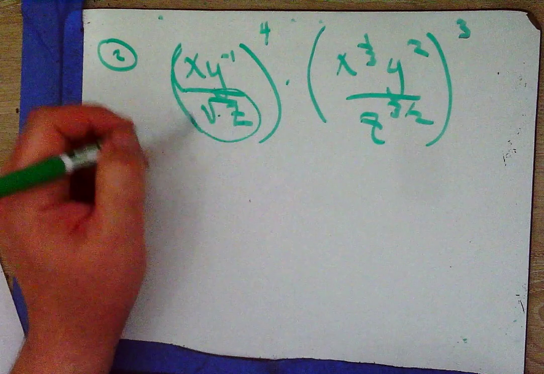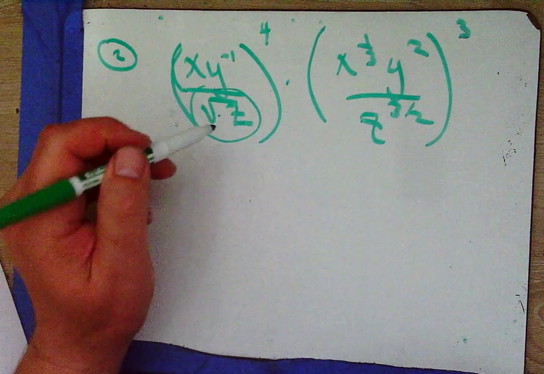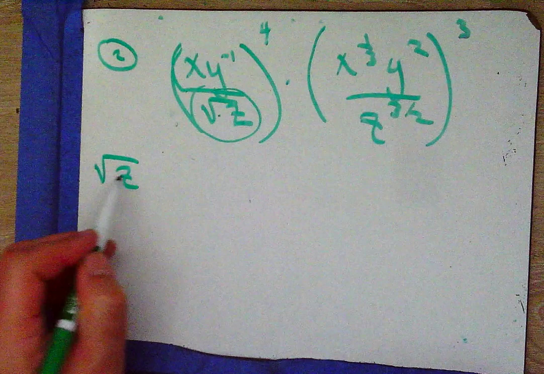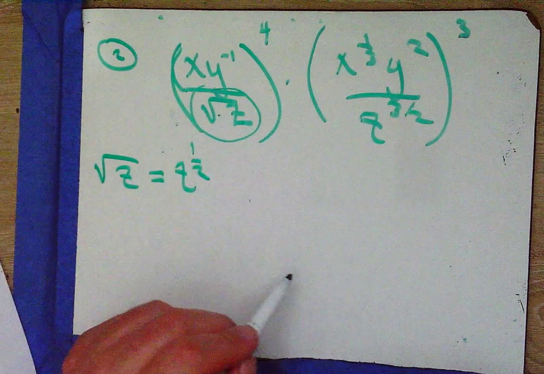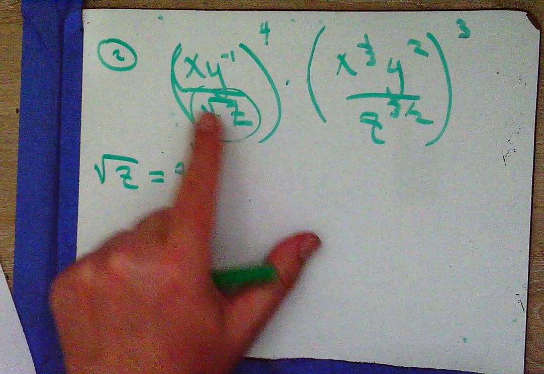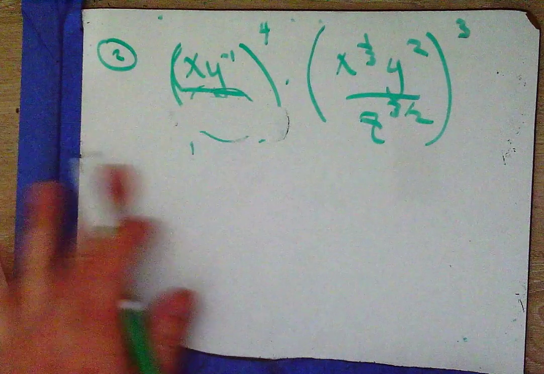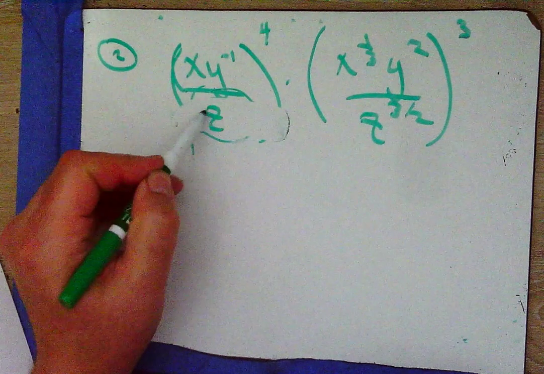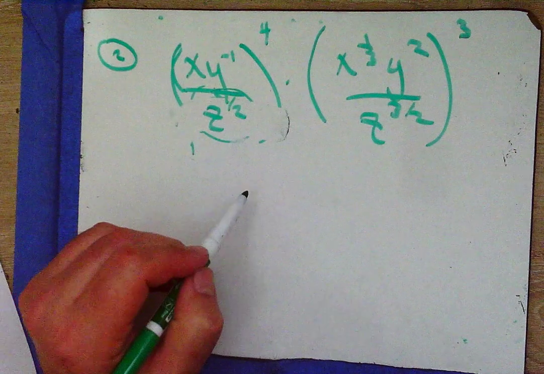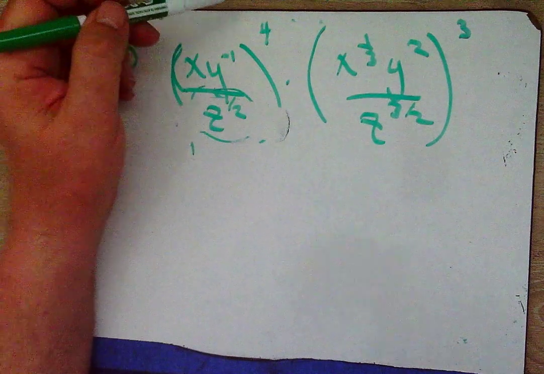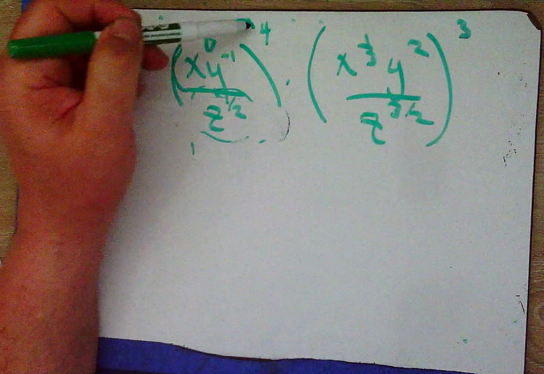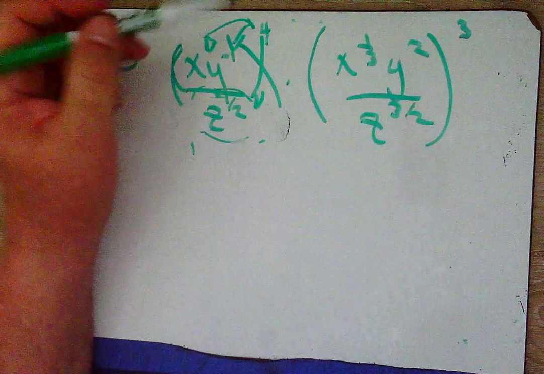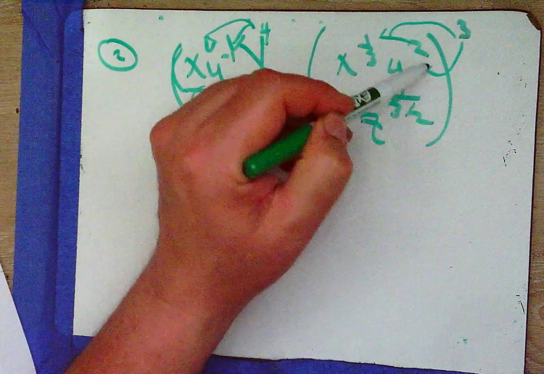I'm going to think about this. So square root of z, remember, is the same as z to the 1/2. And I think I'm going to change this right now. Like my very first step would be to rewrite that radical with a rational exponent. Because now I'm going to be applying the power on the outside to each of these things, and I can do that in both cases.